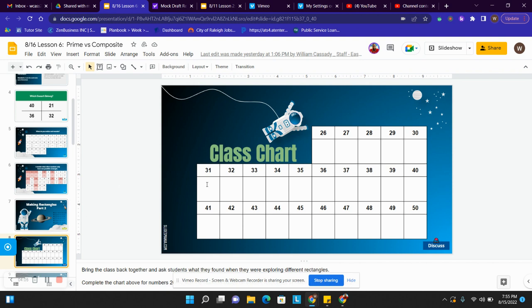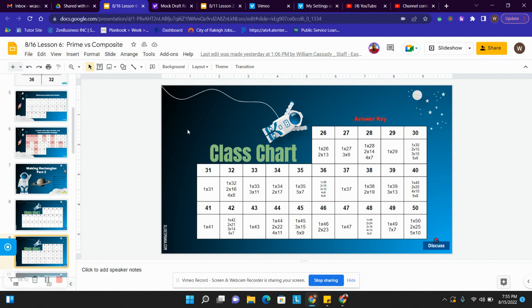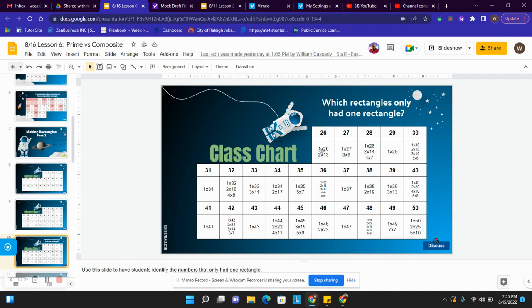So we'll write our dimensions here for our rectangle. All right. Here's the answer key. So let's see if the groups made it correct. Which numbers only had one rectangle?